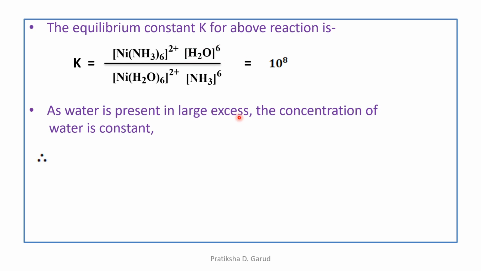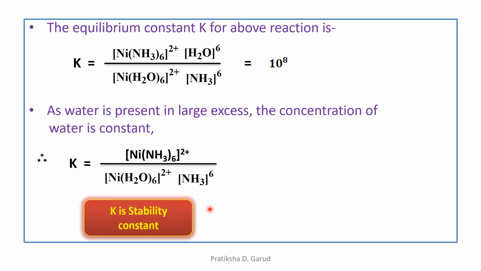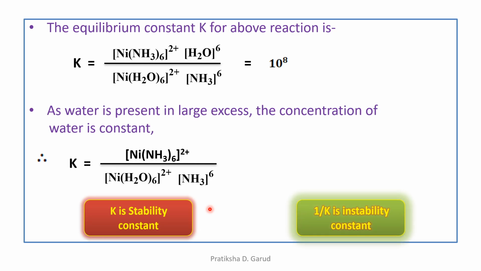So this equilibrium constant K becomes K equals [Ni(NH3)6]2+ divided by [Ni(H2O)6]2+ into [NH3]6. So this is called the equilibrium constant. Now this K is called the stability constant, and the inverse, 1 by K, is known as the instability constant.